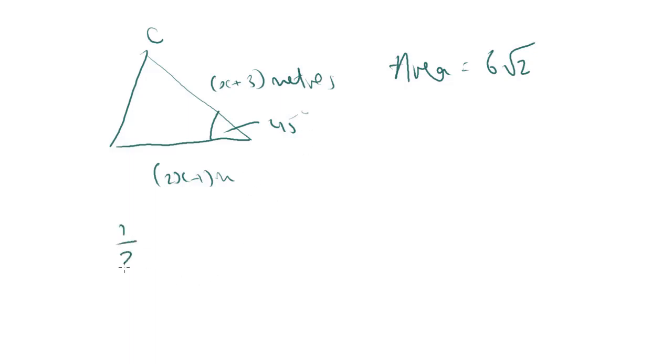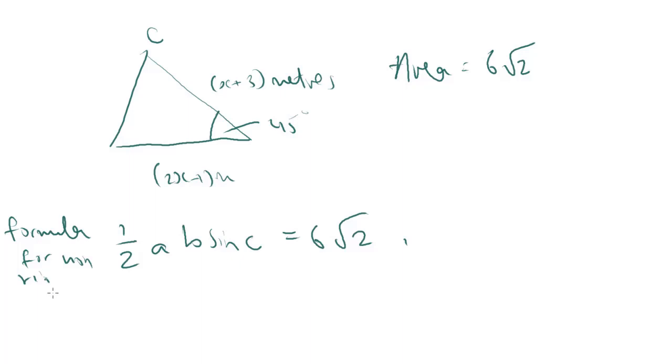So the area we know is half ab sine C equals 6 square root 2. So that's the formula for a non-right angle triangle. So we put half x plus 3. So we're going to label it differently, call this a, call this b.